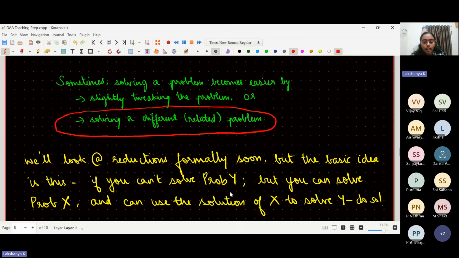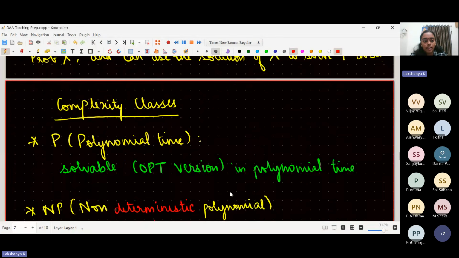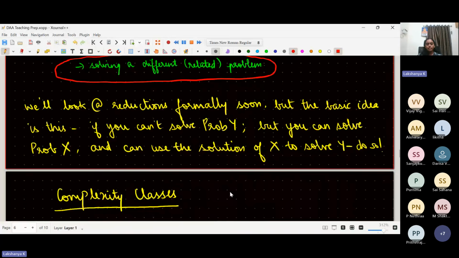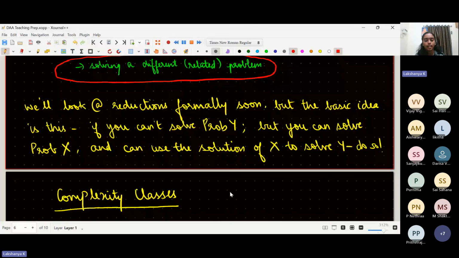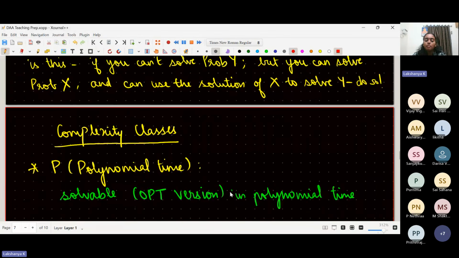Right. So with that basic intuition, we will now formally step into complexity classes. So complexity classes is basically you divide your computational problems into different categories based on their complexity, how easy or how hard they are to solve. The first category is P, which stands for polynomial time, which means these problems are solvable in polynomial time.